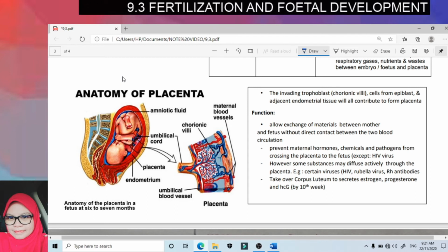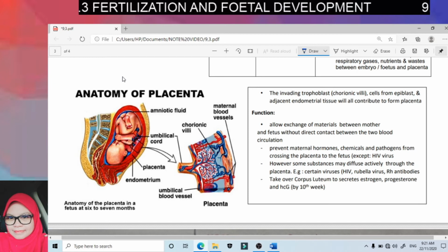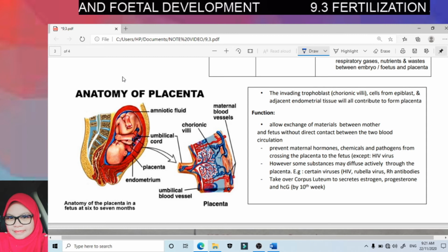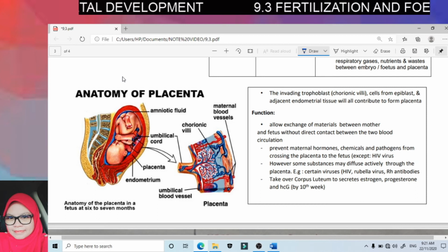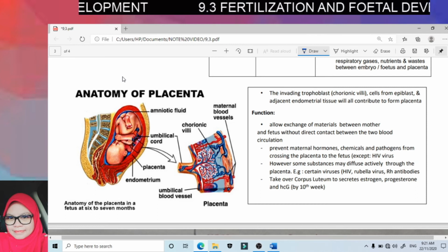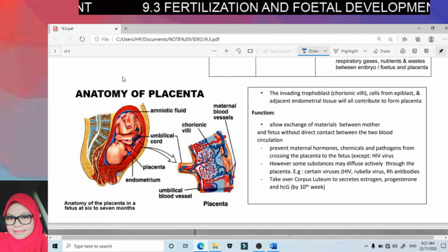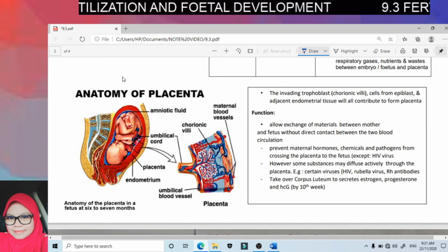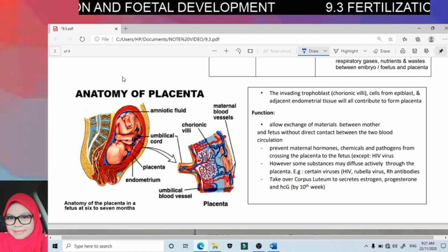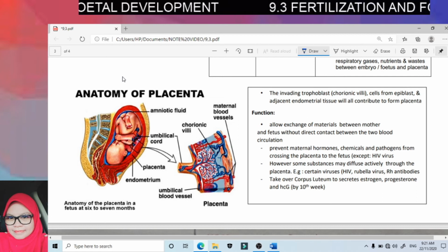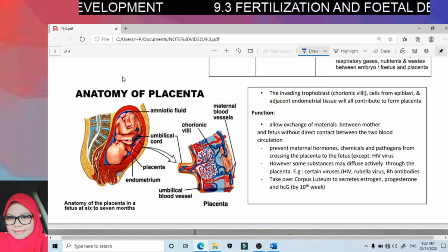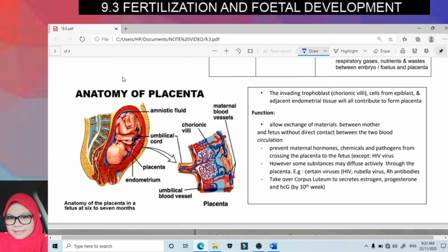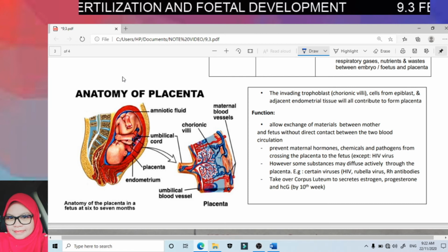The placenta is the red colored one here. The placenta is formed from the invading trophoblast, chorionic villi, cells from the epiblast and adjacent endometrial tissue, which all contribute to form the placenta. So the placenta is produced from the trophoblast layer and the chorionic villi, remember earlier? From the chorion, we already know the chorion will form the chorionic villi and the chorion comes from the trophoblast. And we also learned that the chorion will become the fetal portion of the placenta. So it comes from the trophoblast structure. And then the epiblast also contributes to form the placenta.